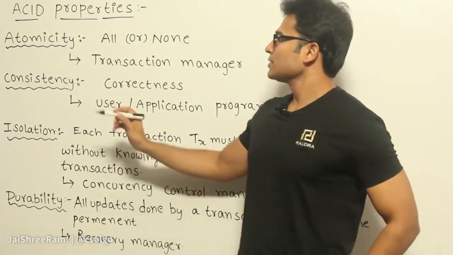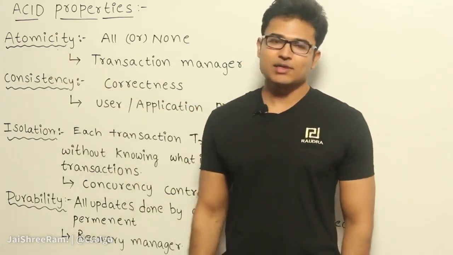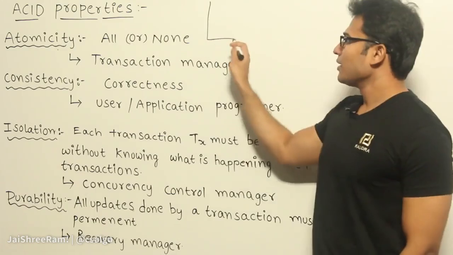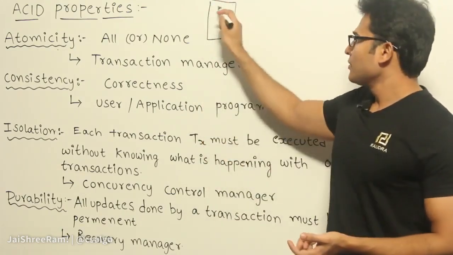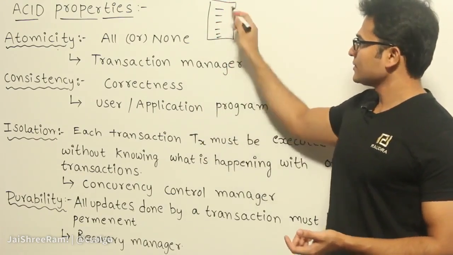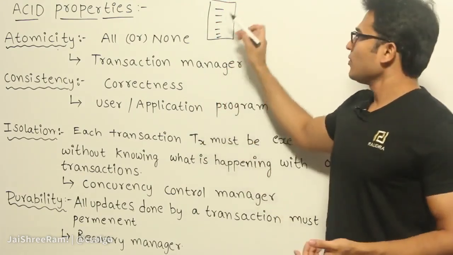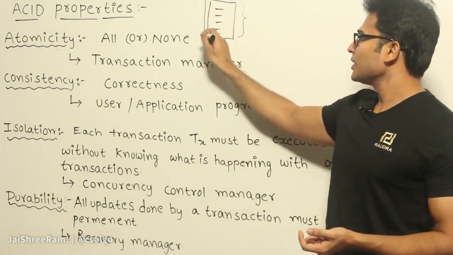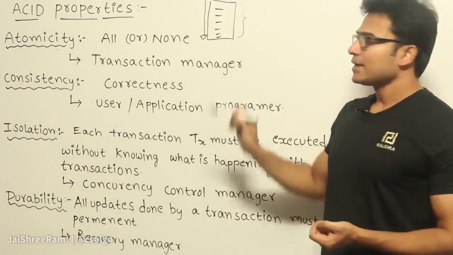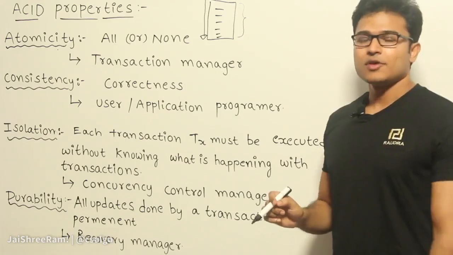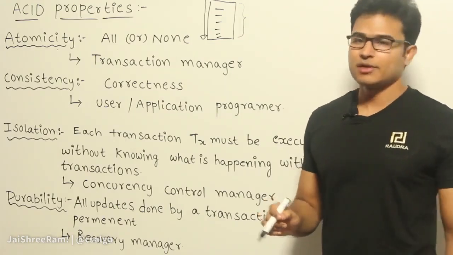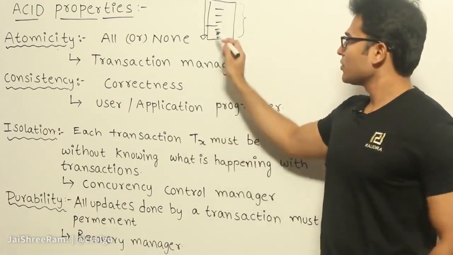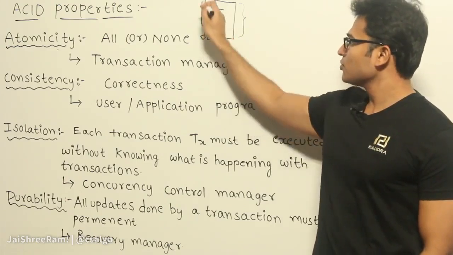Now when you look at a transaction, it should follow atomicity. What is atomicity? If you have a transaction as a collection of operations, let us say in the earlier case we saw an example with 6 lines of operation in a transaction, then either all these 6 lines have to be executed, or in case, because of some error or power failure, the transaction has been stopped in the middle, you should be able to roll it back.